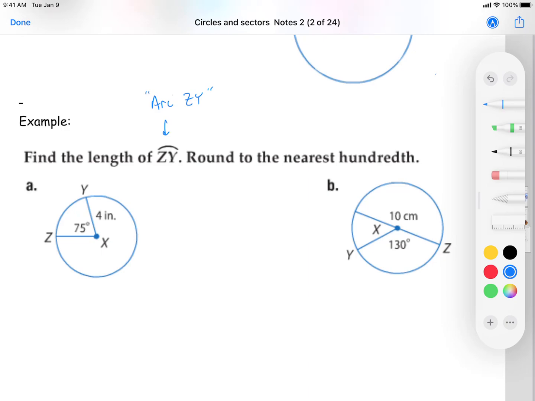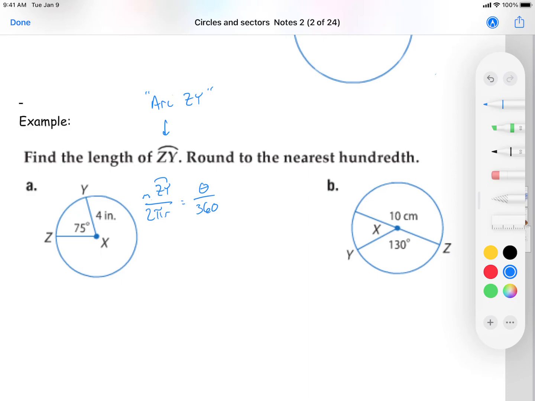Okay. So for this one, I know the formula that I'm using is L over 2 pi r equals theta over 360 degrees, where L would be the measure of arc ZY. Well, let's fill in the pieces of information we know.